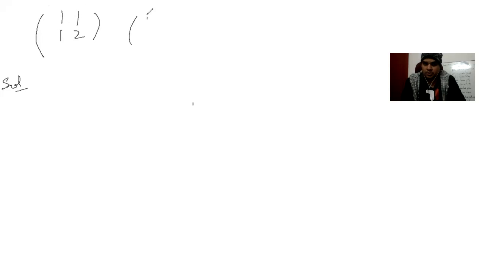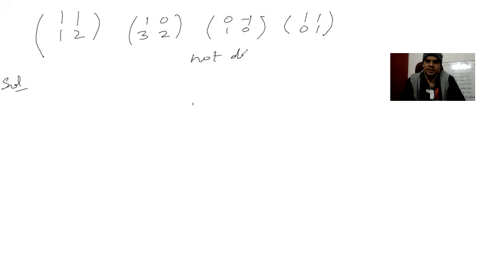The second one is 1 0 3 2. The third one is 0 minus 1 1 0. And the fourth is 1 1 0 1. So we have to find out which matrix is not diagonalizable.